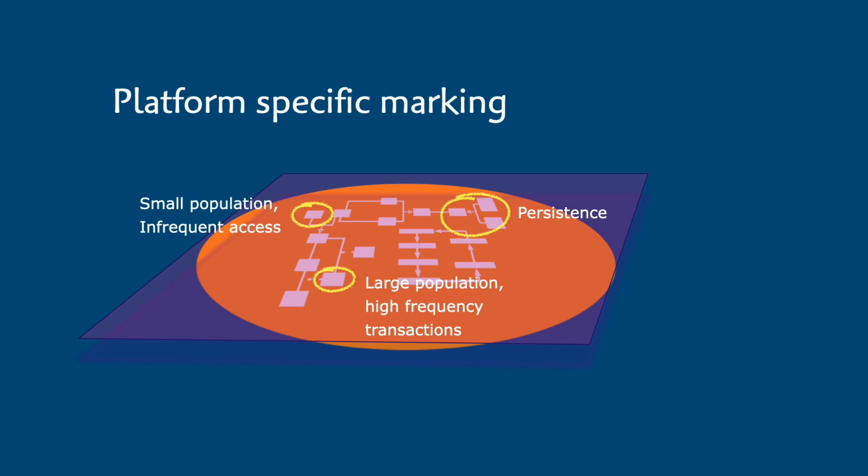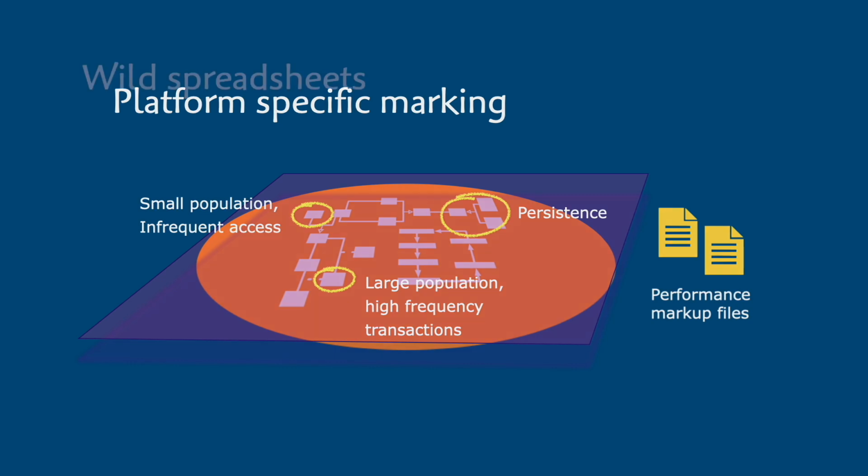You can think of it like a transparent sheet of performance cues or implementation cues overlaid on the models. That's just a visualization, but we use markup files for the same purpose. Thus, a given platform or deployment can take into account both the single set of platform-independent models and whichever set of markup files is relevant. Marking is a whole topic of its own, worthy of at least one of its own videos.